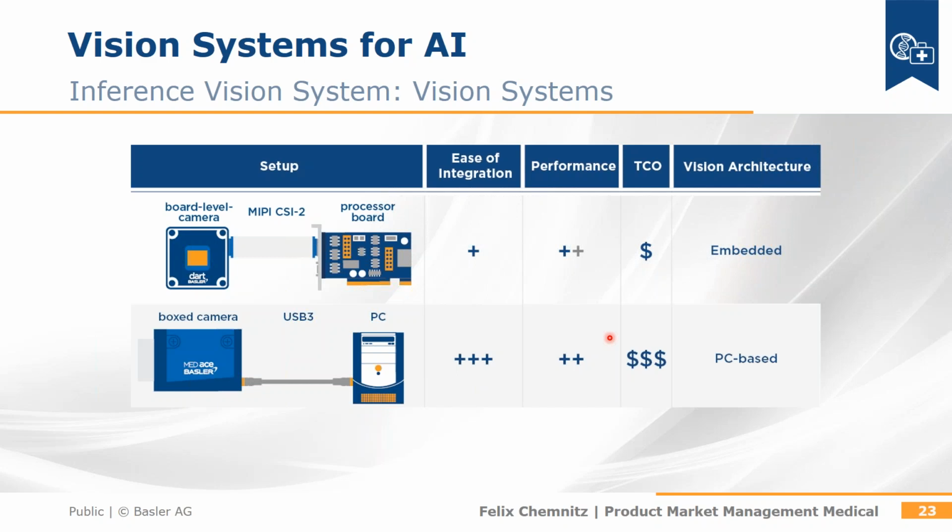I think they will increase in price a lot if you want long-term availability, or if you want to go up to a Quadro RTX 8000, which would be around 5,000 euros for a GPU. And even if you want higher performance, you need to combine 2 or 3 of those, and this can easily lead to system costs of $15,000 to $20,000 to get a real high-end performance system for your artificial intelligence.